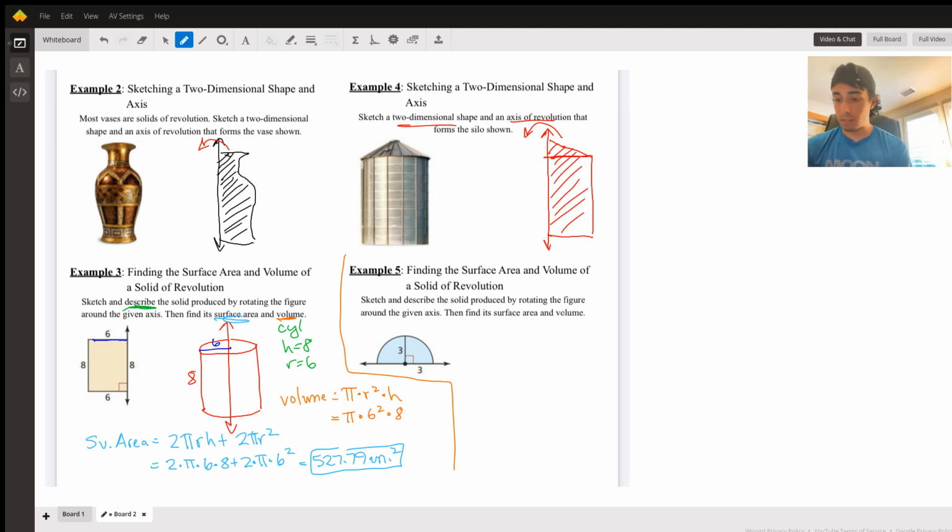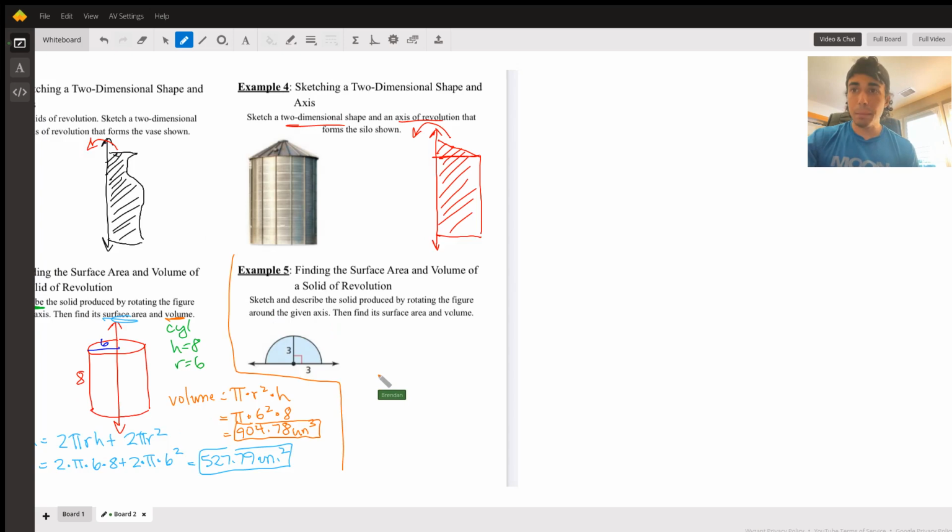Let's see what that comes out to be. That is 904.78, and that's going to be units cubed, because when we're talking about volume, the units will be cubed. If we're talking about area, the units are going to be squared.